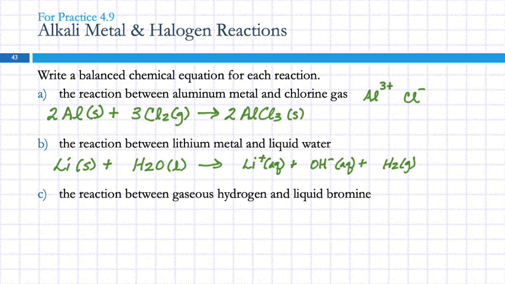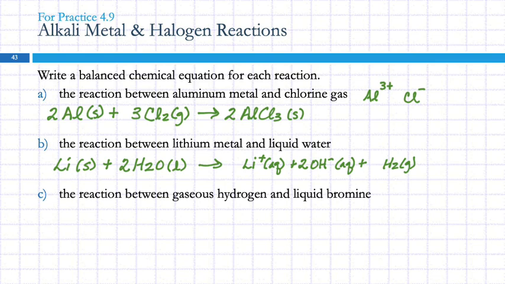Well, if I double this one, that gives me 2 oxygens, and I could double this one to have 2 oxygens. And now, how does that work out with the hydrogens? I've got 4 hydrogens and 2 plus 2, 4 hydrogens. That one's a little trickier.